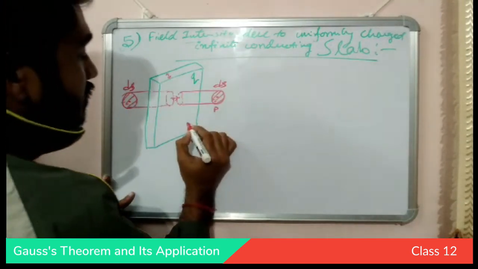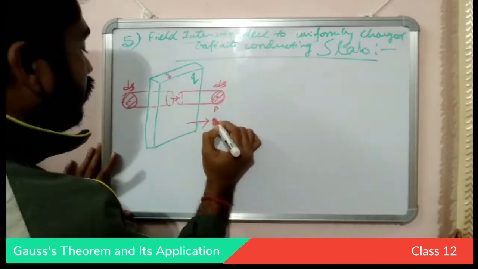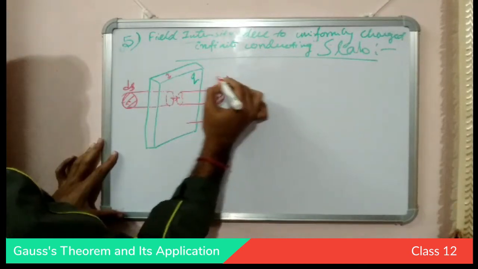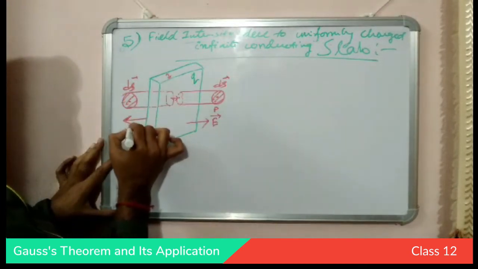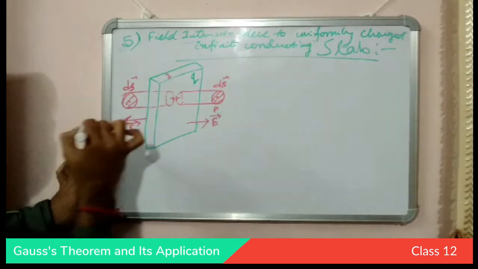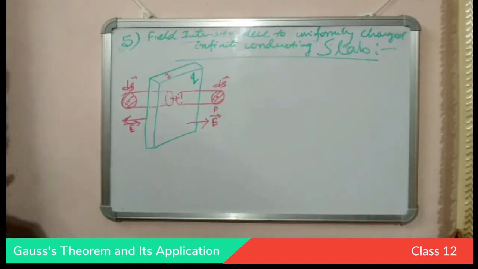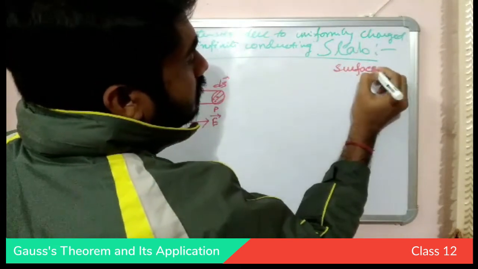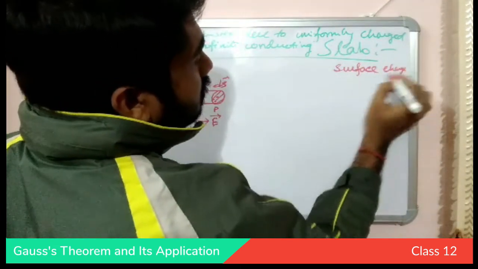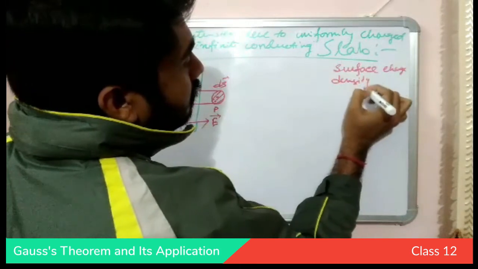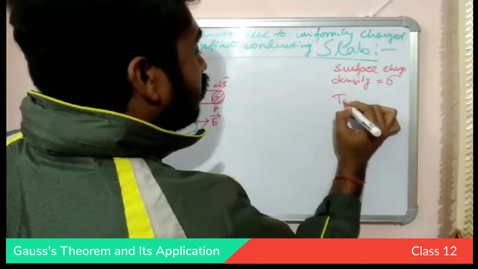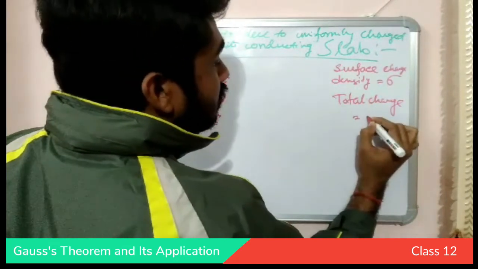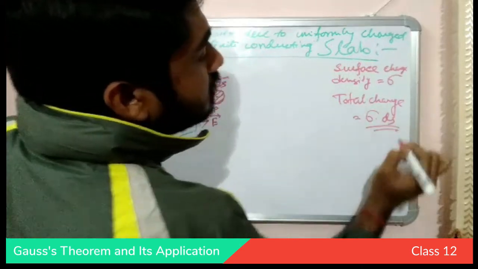The electric field is perpendicular to the plane of the slab and parallel to ds. Here also E will be going outward, and the surface charge density is sigma. So total charge is equal to sigma ds.